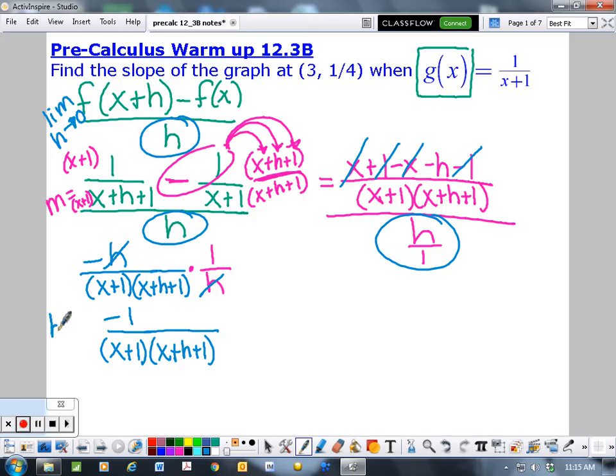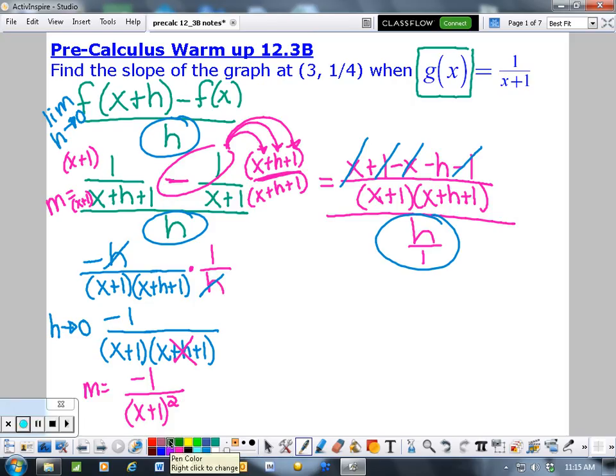Now we apply the limit as h approaches 0, which means we can do direct substitution, where this h becomes 0 or goes away. So now our formula for the slope is negative 1 over x plus 1, and then this turns into an x plus 1 also. An x plus 1 times an x plus 1 is x plus 1 squared. And that's the formula for our slope.